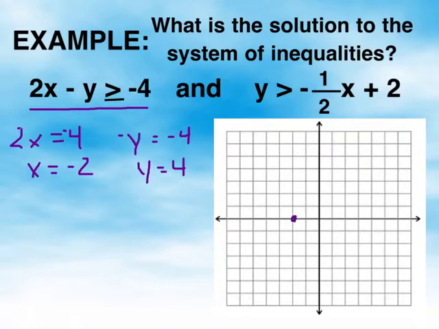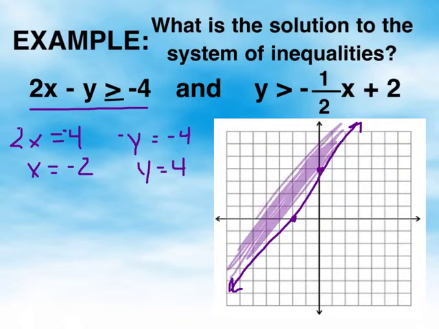X is -2, y is positive 1, 2, 3, 4. I have a solid line because it is greater than or equal to. And then when I shade in, I'm going to shade above that line because it's greater than.